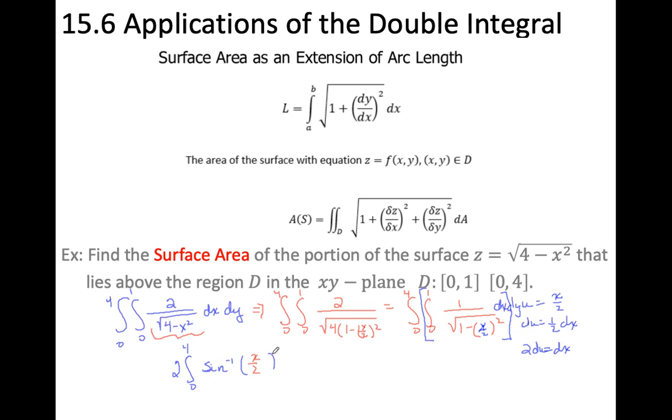Evaluated at who? Right? So this ends up to be 2 inverse sine of 1/2. And inverse sine of 0 is 0.